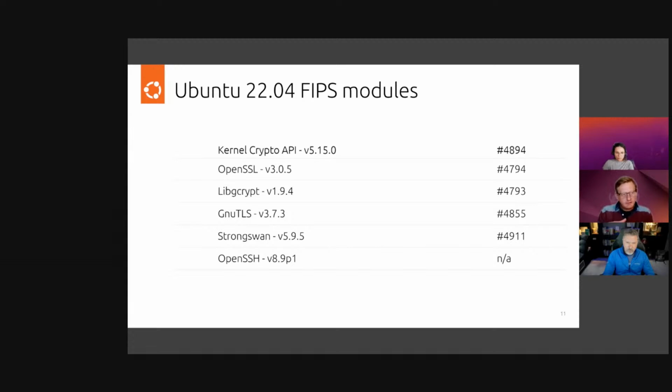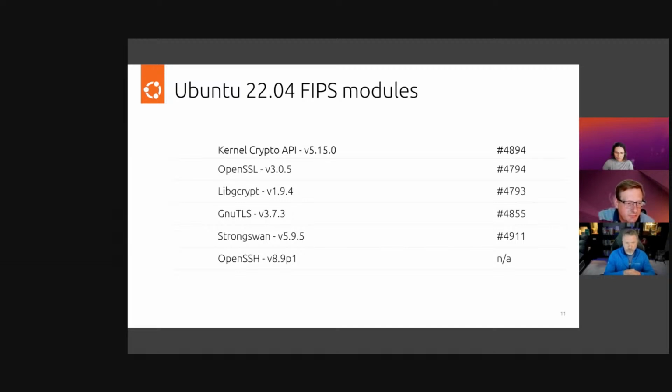Then on the more user space aspects, if you're running applications such as web servers or databases, they will be taking advantage of the user space crypto libraries. So we've taken the most popular libraries within the Ubuntu ecosystem, the ones which most applications will use out of the box. The famous one is OpenSSL, which I think most people have probably heard of. We also use libgcrypt and GnuTLS.